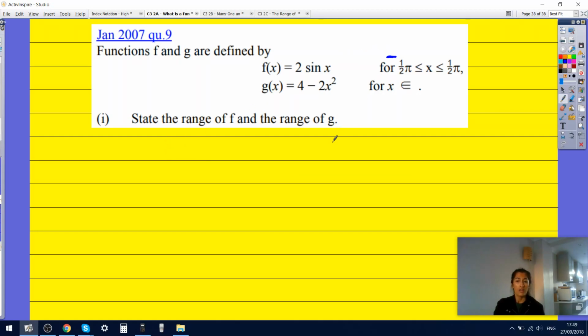That should be minus, I think. This website took these exam questions and just put them in. And that should be a real number. Right. Okay. That is minus half.